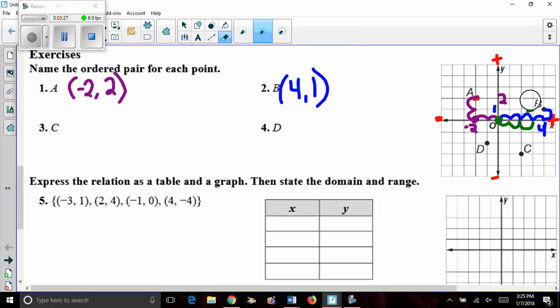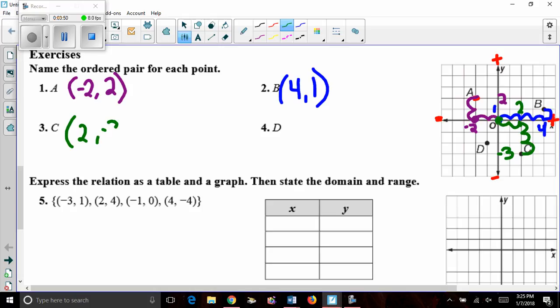That is not at 3. You're probably thinking that was weird. That is at 2. So +2. From here, I count down 1, 2, 3 spaces to get to C. That's in the negative direction, so -3 is my second number.